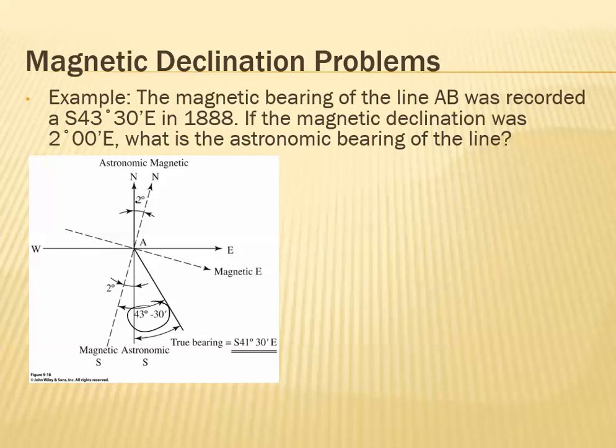What's tricky is to know whether to add or subtract. So it's very useful to draw it, because the true bearing is actually 41 degrees 30 minutes east. You subtracted those, but you see how once you drew it, you're like, oh, okay, that makes sense. So you want to know the true bearing based on astronomic, not on magnetic. Cool. All right. We're going to stop right here.